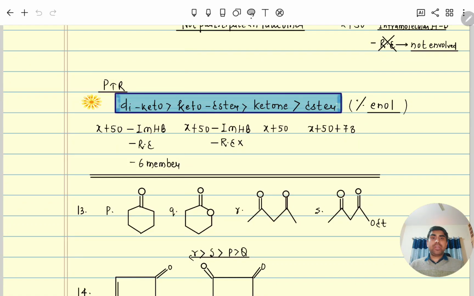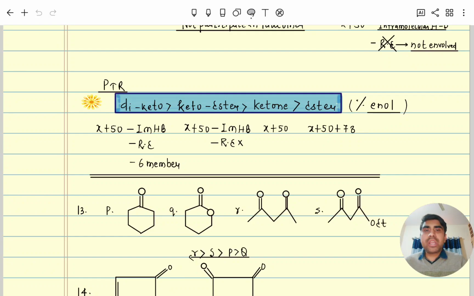After that we already discussed the 3 factors: first, if the enol is becoming aromatic; second, the 1,3 diketo system that we discussed here; then keto ester, which is relatively more, then after that ketone and then ester. Now one more last factor we discuss where enol percentage is more: the 1,2 cyclic ketone system.